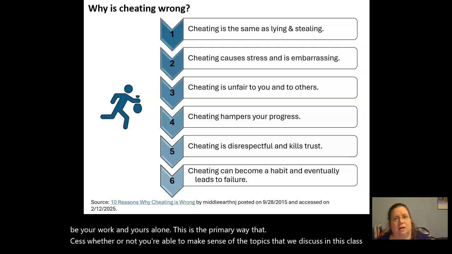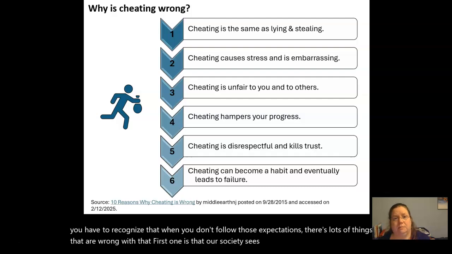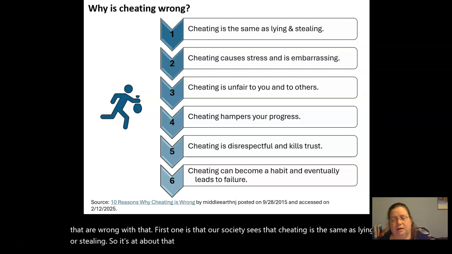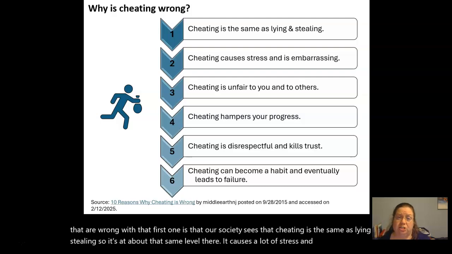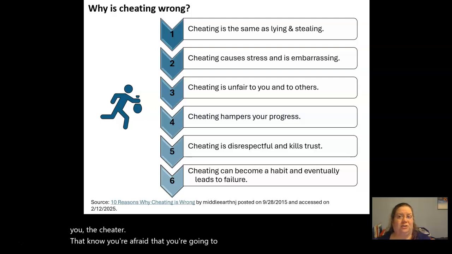So you have to recognize that when you don't follow those expectations, there's lots of things that are wrong with that. First one is that our society sees that cheating is the same as lying or stealing. So it's at about that same level there. It causes a lot of stress, and that's stress in you, the cheater, that you're afraid that you're going to get caught. You're afraid of what the consequences might be, but it also causes a lot of stress for me.